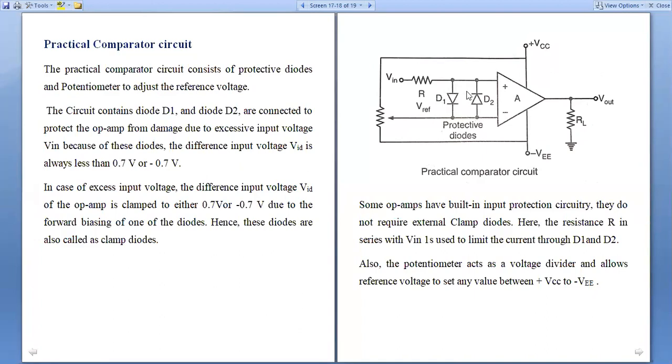That forward biasing is called clamping. The operational amplifier will clamp through one of the diodes and take only 0.7 volts, in a range of plus 0.7 volts to minus 0.7 volts. That is the condition of protection by the diodes here. We don't use any additional protection other than these internal clamping diodes. So that is about the practical comparator circuit.